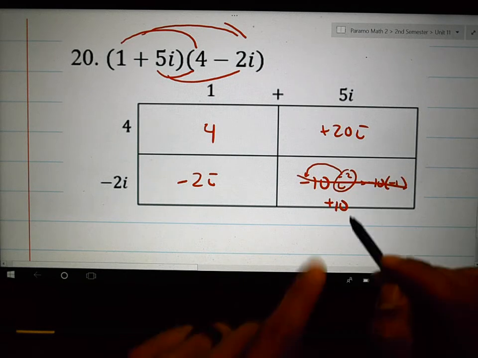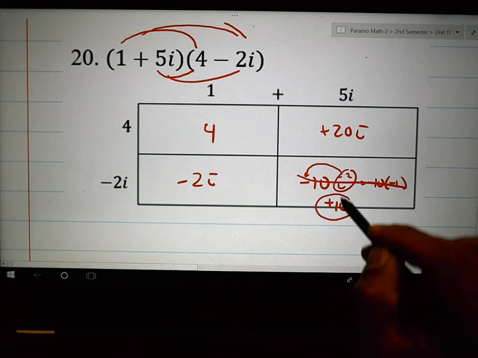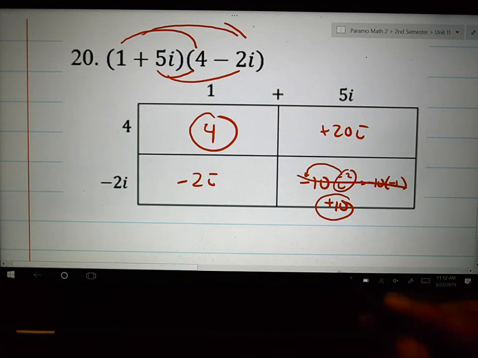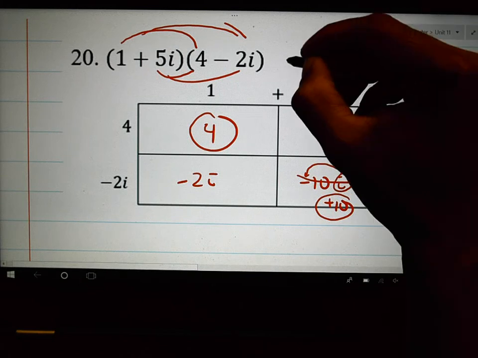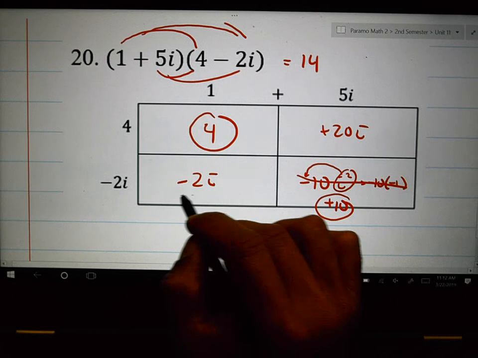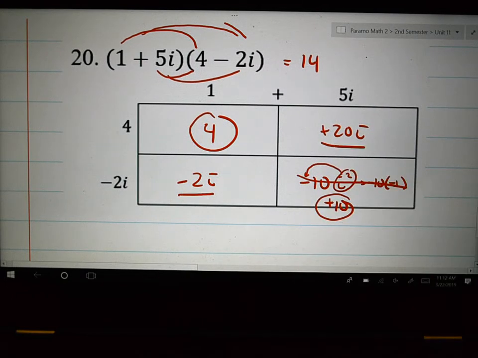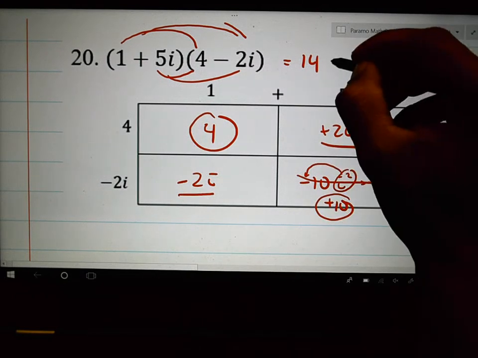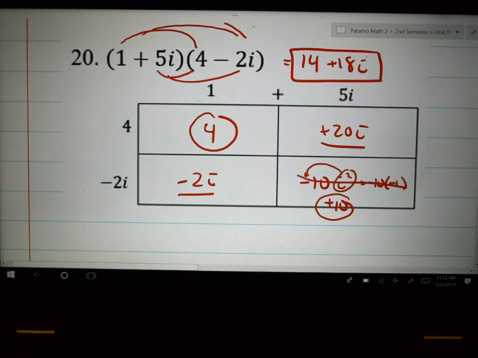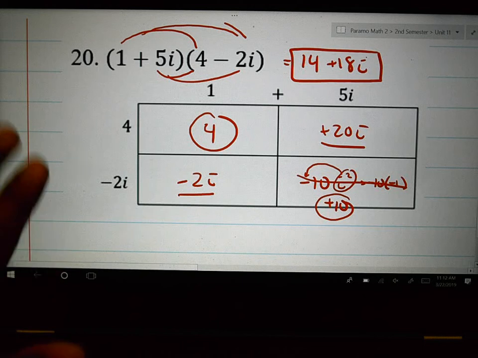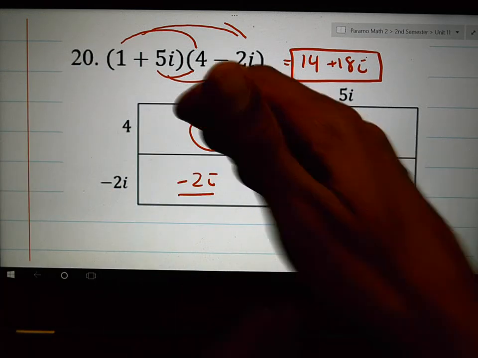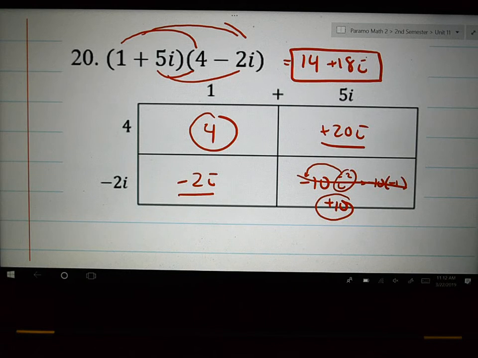Which means now this piece can combine with this piece. The 4 and the 10 can combine together because those are your real components. 14. Your imaginary components are next. Negative 2i plus 20i is plus 18i, which is your final answer. So unlike a trinomial or a binomial squared, because the squared terms combine, you have a binomial as the answer. It's kind of neat.